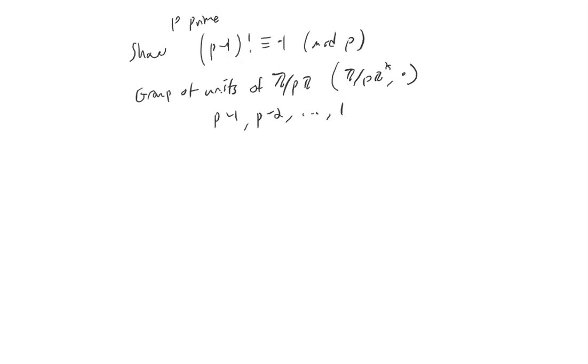Make sure you follow, because the answer is in like 2 sentences. Every element we can group with its inverse, right? Because it's a group, every element must have an inverse, so we can group them into pairs.